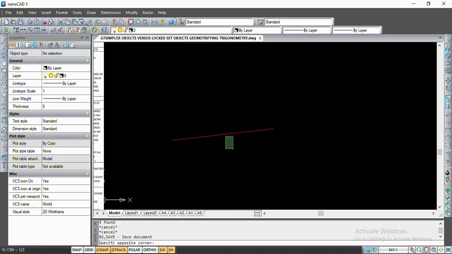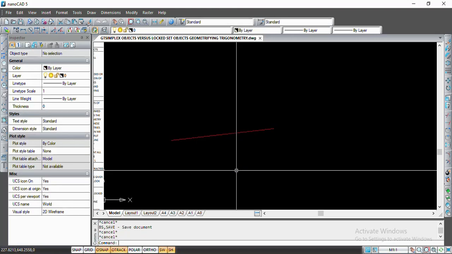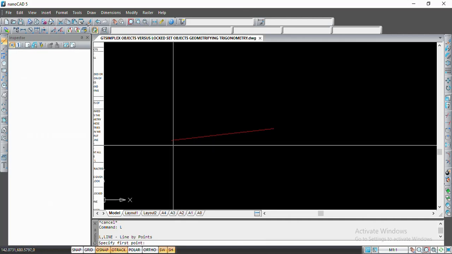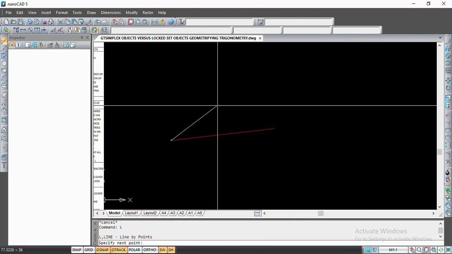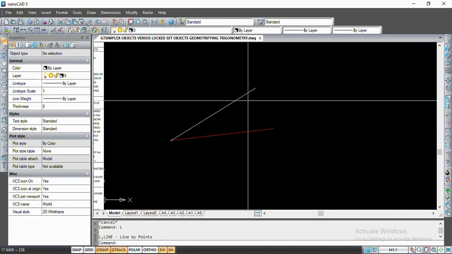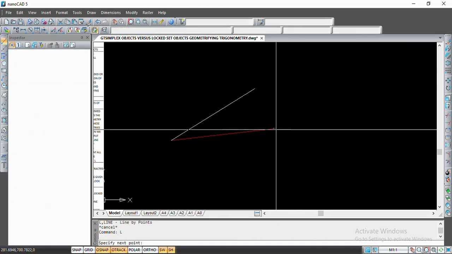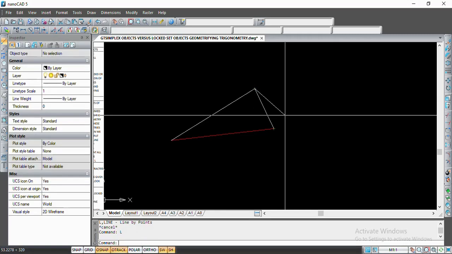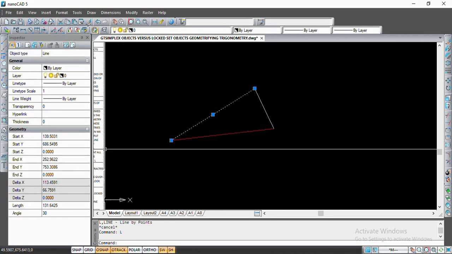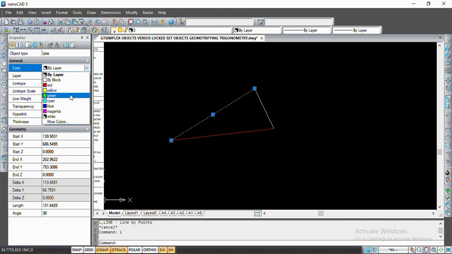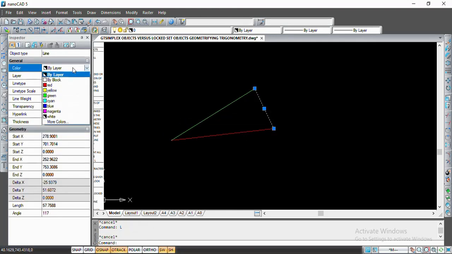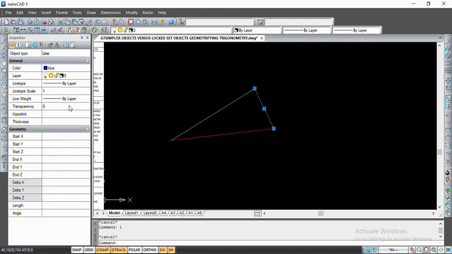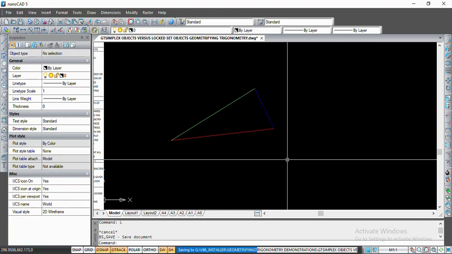Now suppose this line segment is given, and on this line segment we are taking the output line segment. Suppose this is the input line segment, L is the universal input line segment. Now we can draw any triangle on this, where we can consider the output as, suppose, a green line, and suppose we are taking the complement line segment as a blue line, so that we can detect everything very easily.